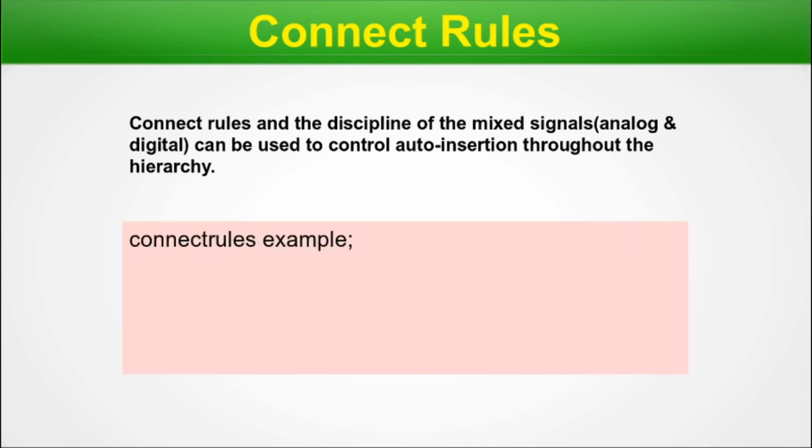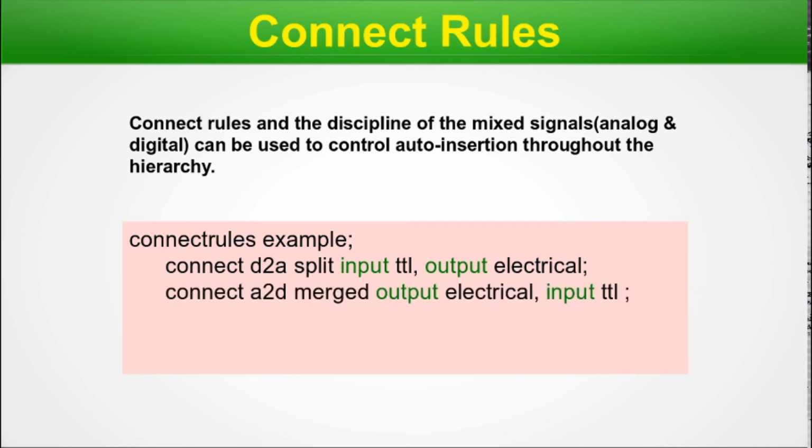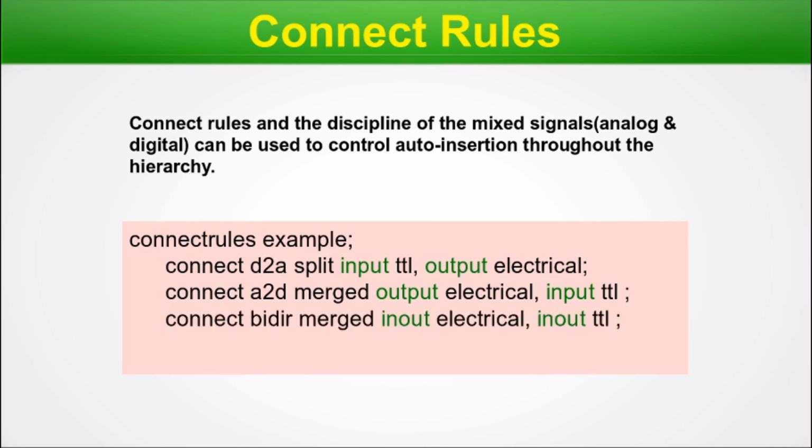The first connect rule in the example is D2A, and we define all of its input and output structure. Then the second one is A2D, defined similarly, and BIDIR we also define, and then we end the connect rule.